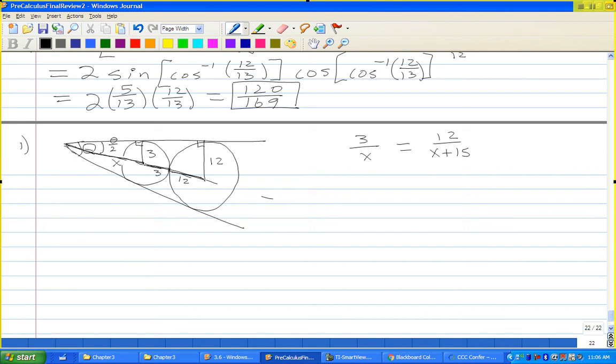Okay, so let's try to figure out what x is. So I have that 3x plus 45 equals 12x. And so 45 equals 9x, so x is equal to 5.